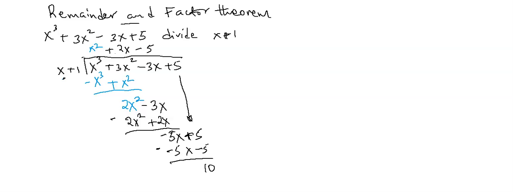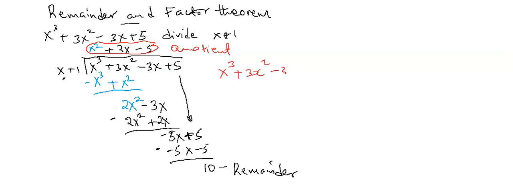And therefore, we get the remainder here as positive 10. The remainder is positive 10. x squared plus 2x minus 5 is our quotient. And then we can say that when we divide x cubed plus 3x squared minus 3x plus 5, we get the remainder as 10.